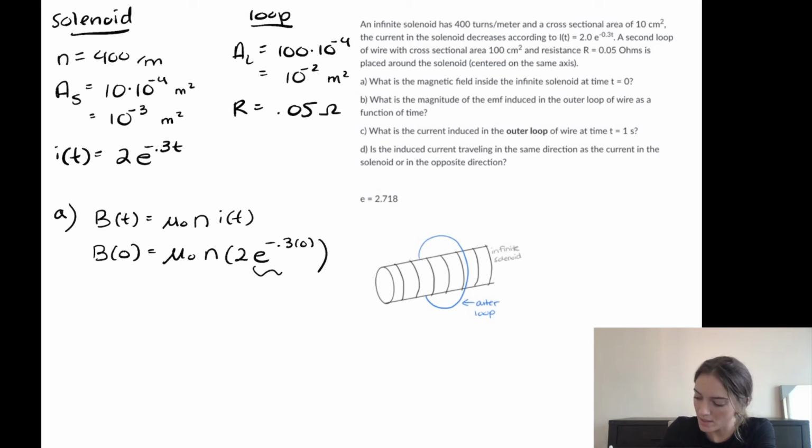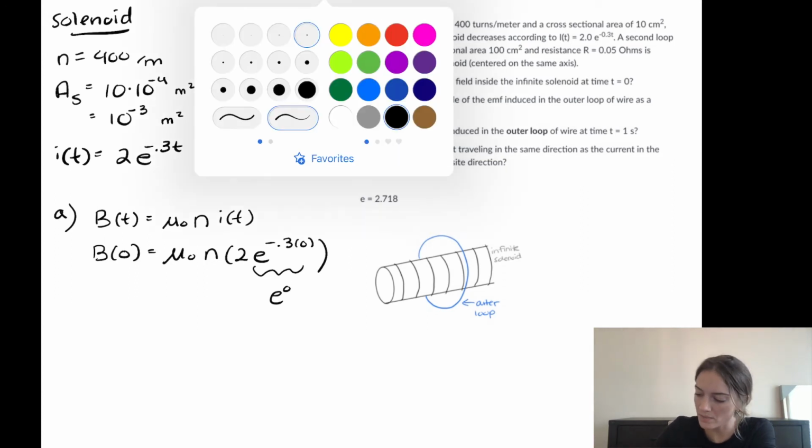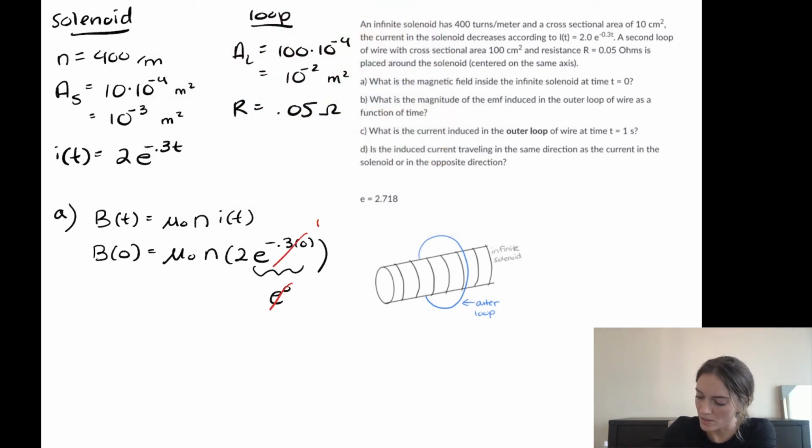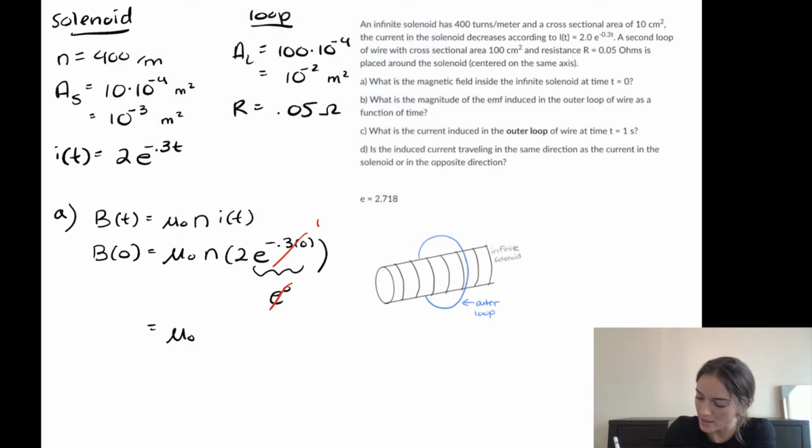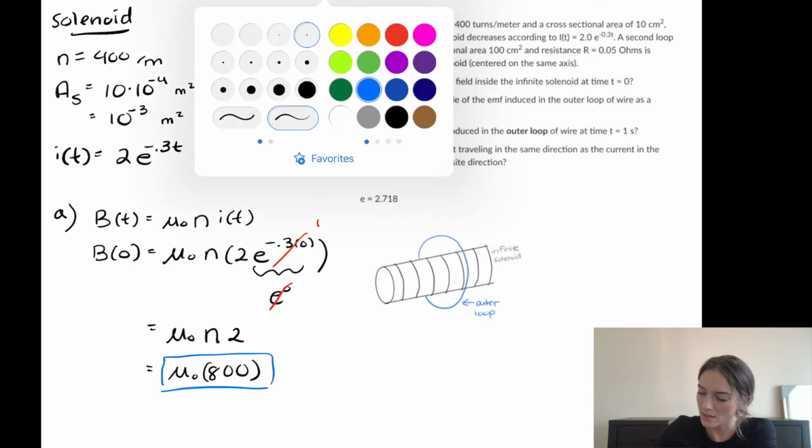So this here is e to the 0, and anything to the 0 power is just 1. So our magnetic field at t equal to 0 is just mu naught n times 2. n is 400, so we can rewrite this as mu naught times 800, and that's it. That is our magnetic field at time t equal to 0. This is in Tesla, obviously.